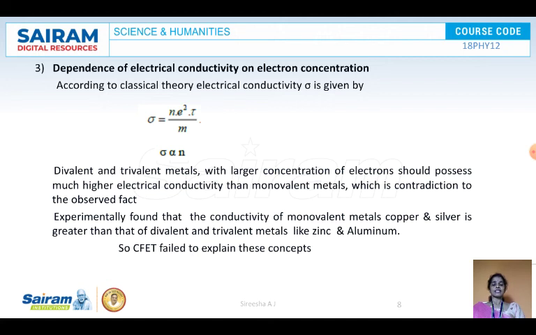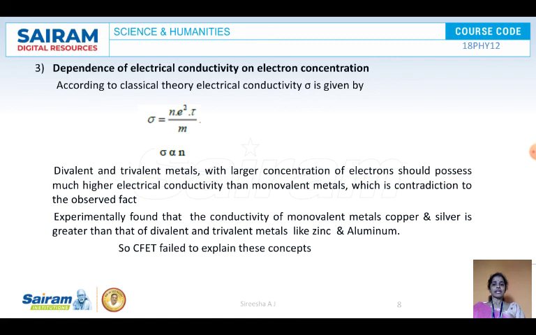That means divalent and trivalent metals with larger concentration of electrons should possess a higher electrical conductivity than monovalent metals, which is a contradiction to the fact, because experimentally it was found that the conductivity of monovalent metals like copper and silver is greater than that of divalent and trivalent metals like zinc and aluminium.